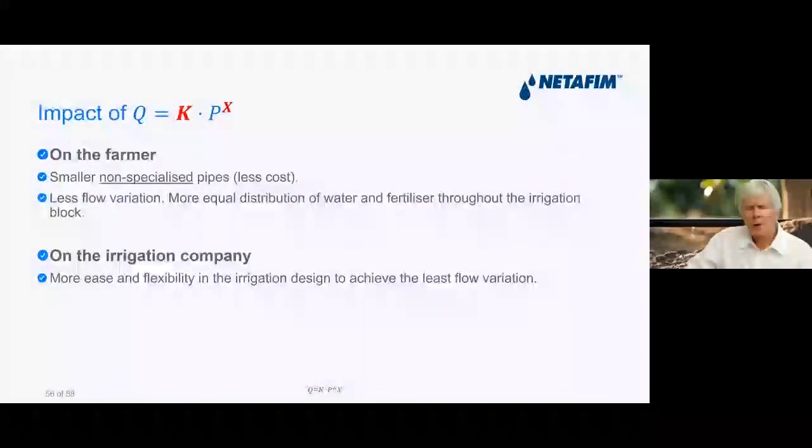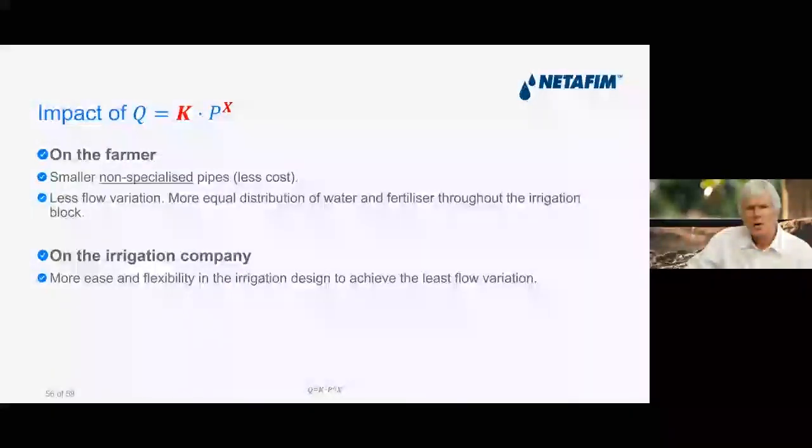So what is the value of all of this to the farmer? The lower the value of X, the smaller the non-specialized pipes can be. It's a lower cost to him, and it's a lower flow variation, which means a more equal distribution of water and fertilizer throughout the irrigation block. For the irrigation company, the impact is more ease and flexibility in the irrigation design to achieve the least flow variation.